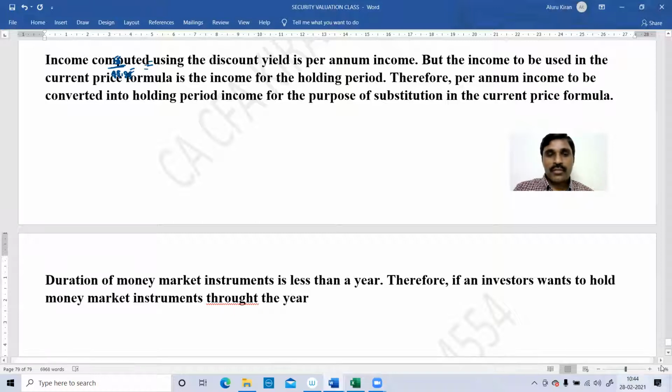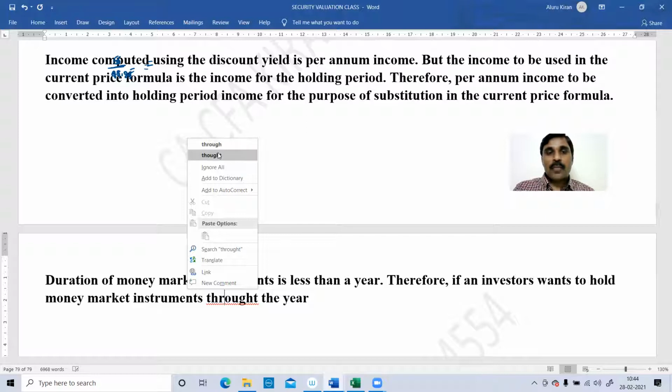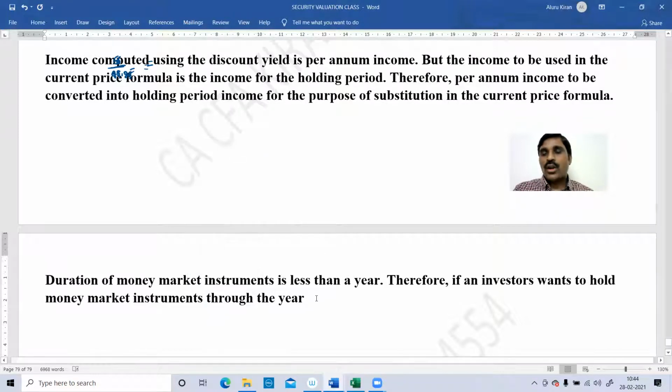then he has to continuously redeem and reinvest the instruments.